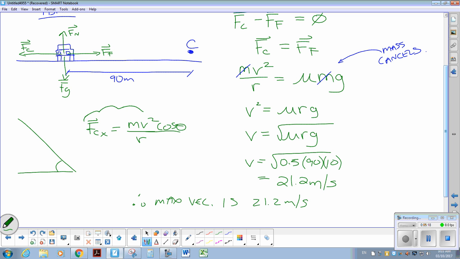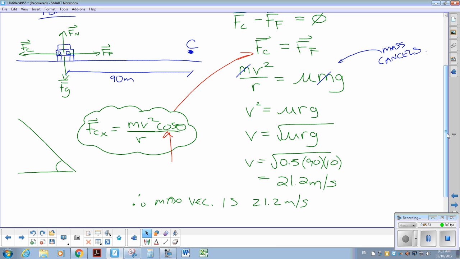If you look at your formula sheet, it has the cos theta as well. So if it's on a sloped surface, you need the cos theta, so mv squared cos theta over r would go in there. But that's a different question. Just hopefully heading off some future frustration for you. If you have any questions further to that, let me know, and I will try to explain it a little bit better.